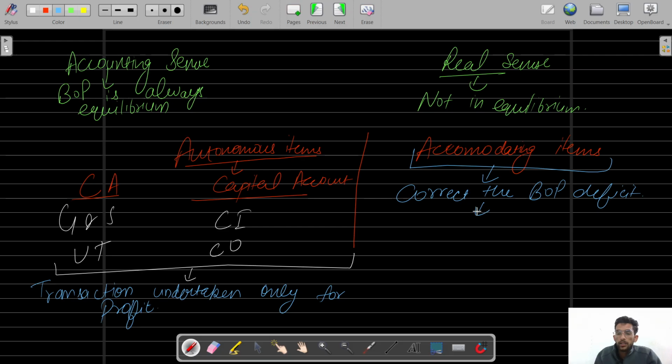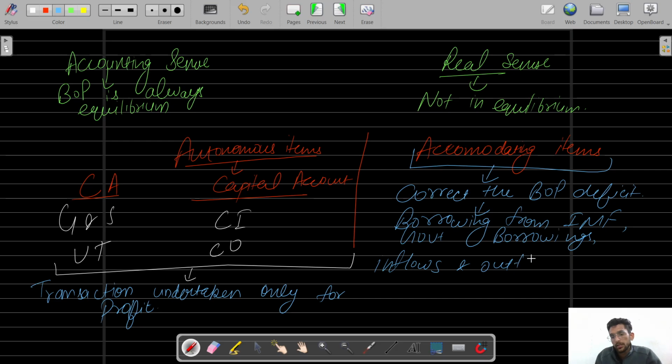Accommodating items include borrowing from the IMF, government borrowings, inflows and outflows of exchange reserves, the country's reserves.